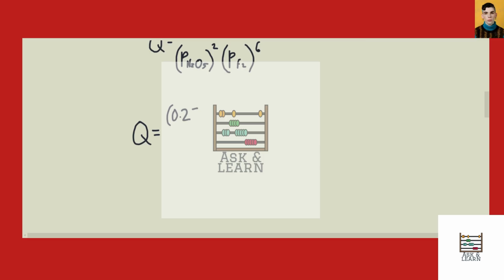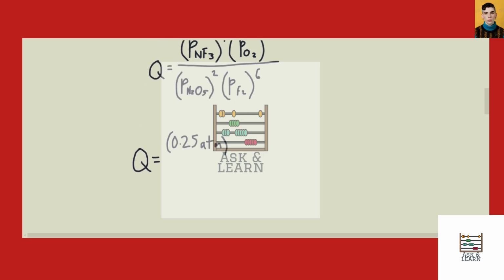So 0.25 atmospheres for NF3 raised to the 4th power multiplied by 0.50 atmospheres for O2 raised to the power of 5.